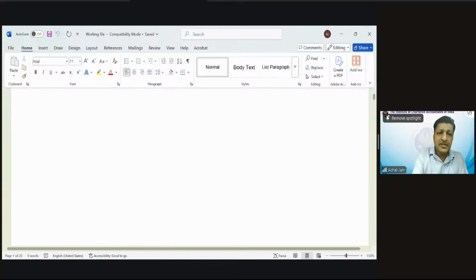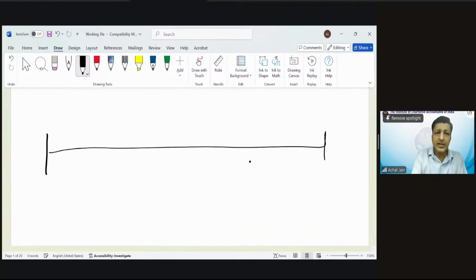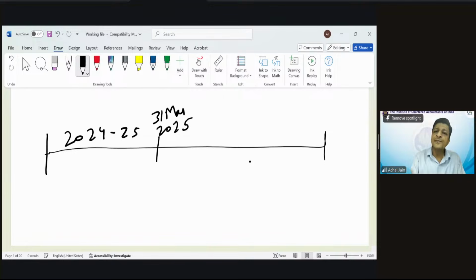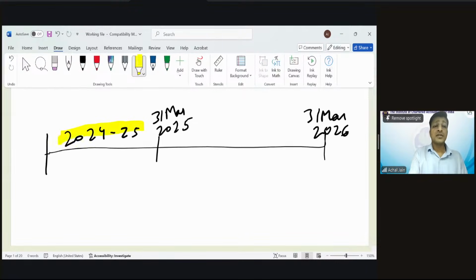Let's suppose we have this financial year, say 24-25, and this is the year end, 31st March 2025. Then we have the next financial year ending on 31st March 2026. Now, when we are looking at the financial statements for the financial year 24-25, let's suppose this is the reporting year.